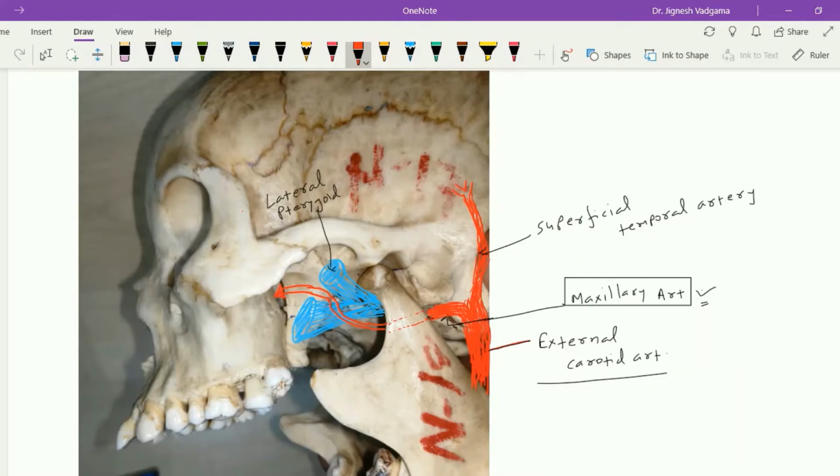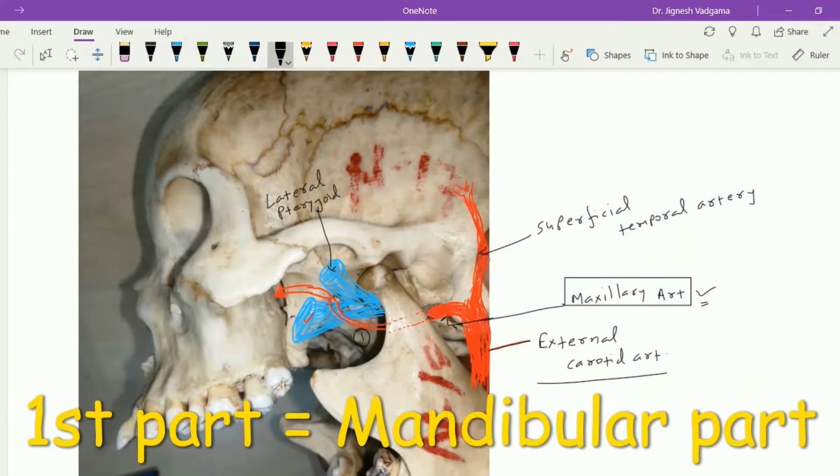pterygomaxillary fissure, and this way this lower head of the lateral pterygoid muscle will divide the maxillary artery into three parts. The first part is the part of the maxillary artery which is running below the lower head of the lateral pterygoid muscle, and that part is the mandibular part.